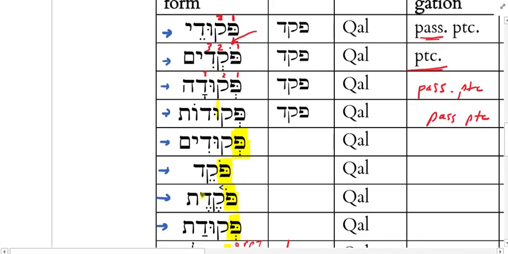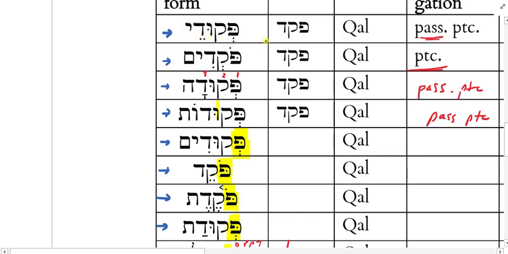root letters, and whether it's active or passive. So, taking a look at pukude, was that active or passive? Pukude. How are we going to translate that? Okay, appointed ones of, because it's construct.